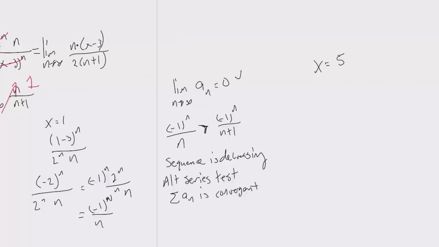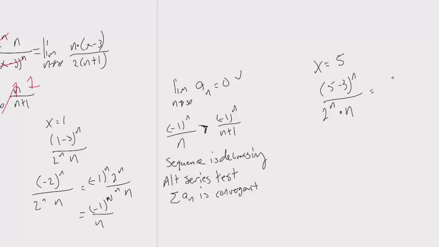Okay, so let's build this up. So (5 minus 3) to the n over 2 to the n times n is 2 to the n over 2 to the n times n, and that is 1 over n.